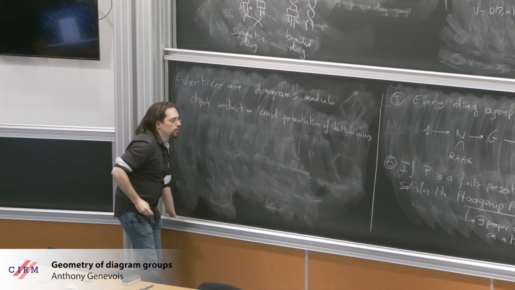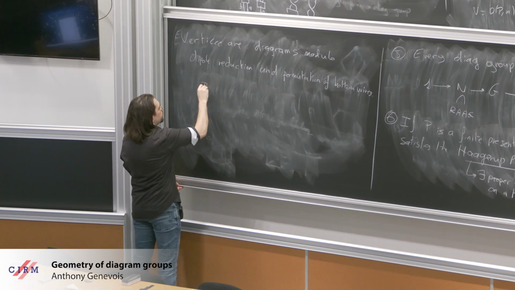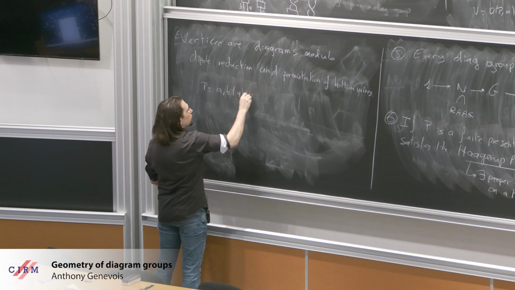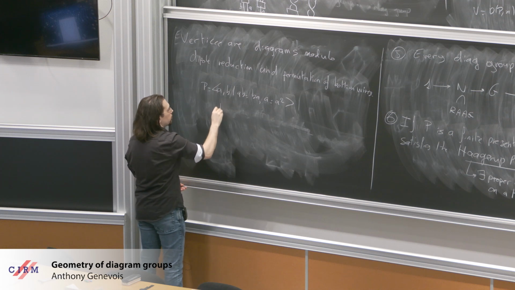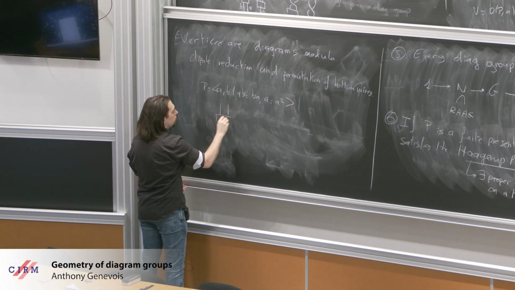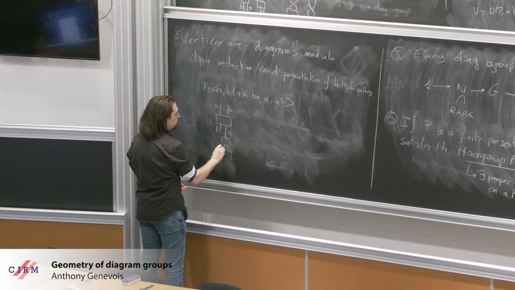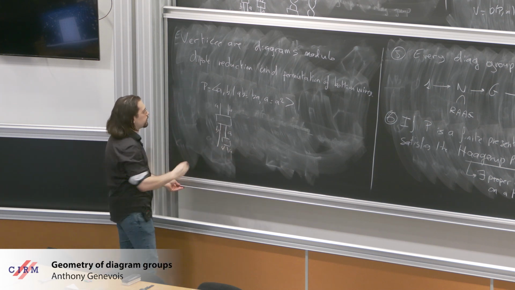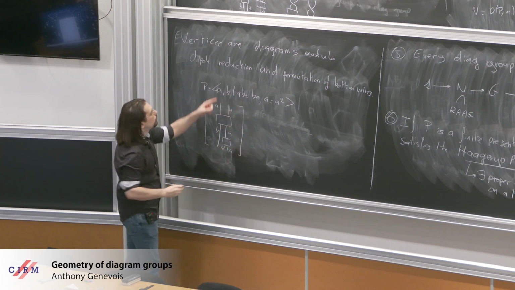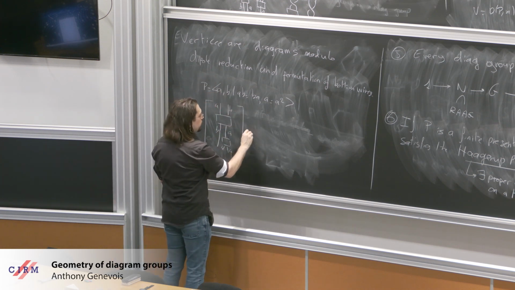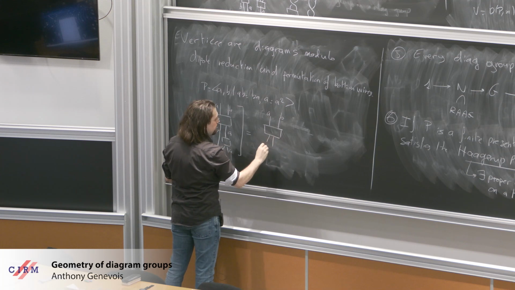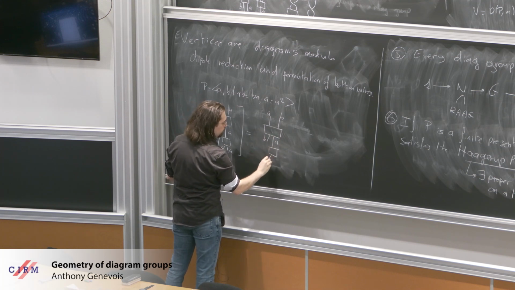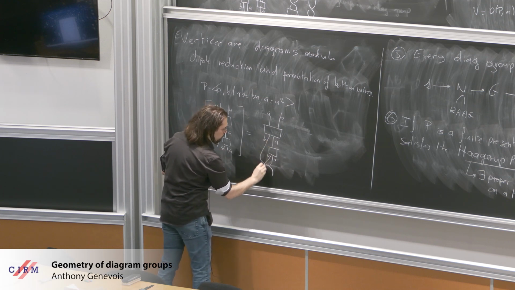So for instance, if I take the same presentation, okay, this is a diagram, and if I take the class of this diagram modulo dipole reduction and permutation of bottom wires, this will represent the same vertex as this one.